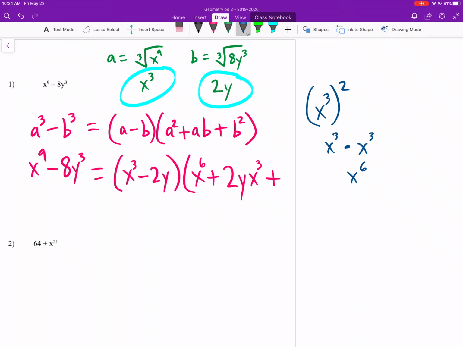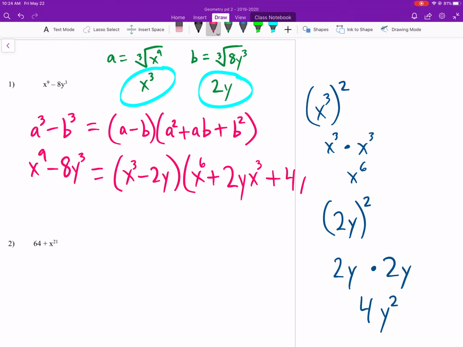So B, we know, is 2y. Now we have to take that and square it. That's saying 2y times 2y, which is 4y squared. And you're done.